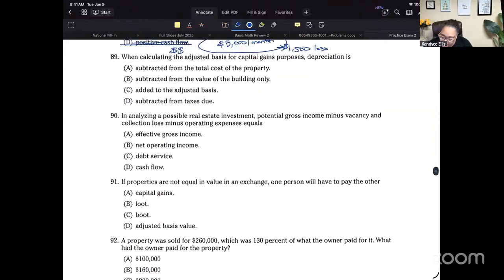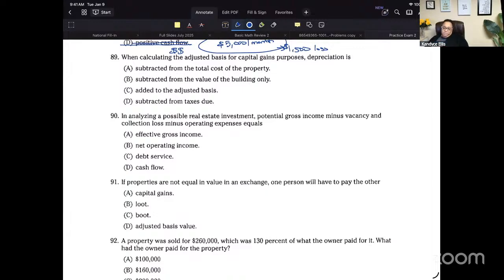So when calculating the adjusted basis, what you put into the property for capital gains purposes, depreciation is it A, subtracted from the total cost of the property, B, subtracted from the value of the building only, C, added to the adjusted basis, or D, subtracted from the taxes due?